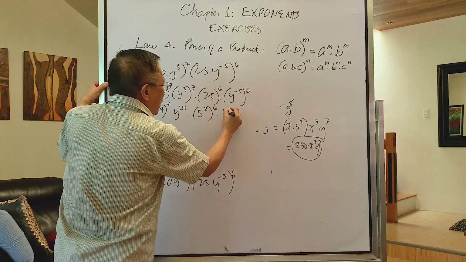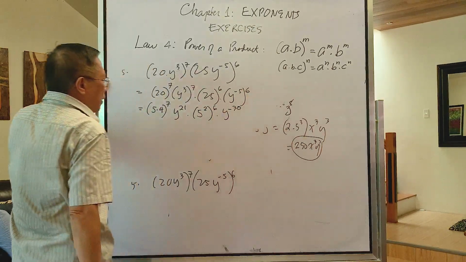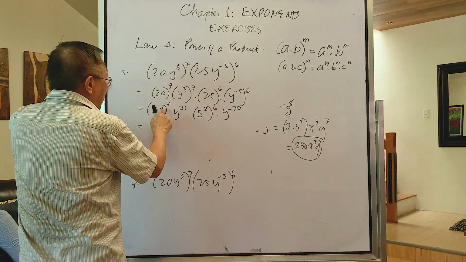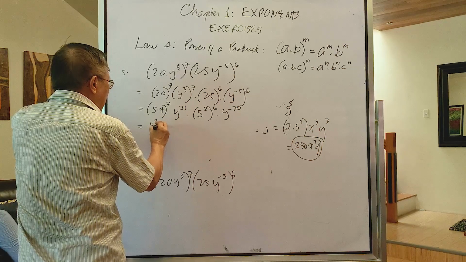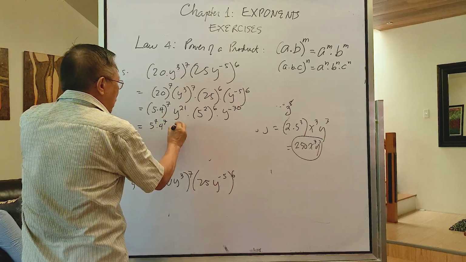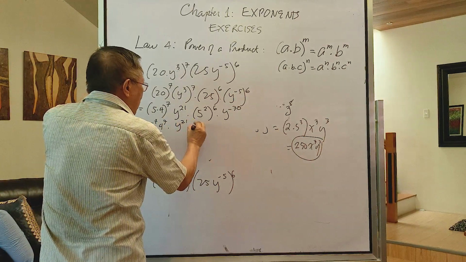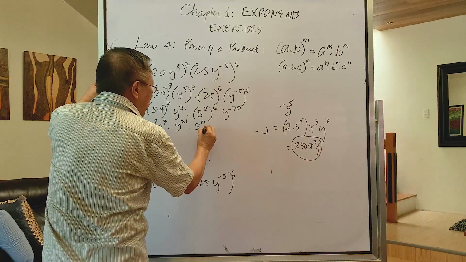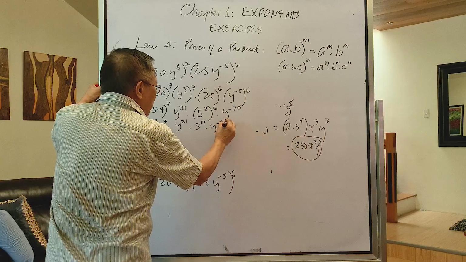And that's y to the negative 30 there. Okay, so power of a product will now give me 5 to the 7, 4 to the 7, y to the 21, and power of a power gives me 5 to the 12, y to the negative 30.